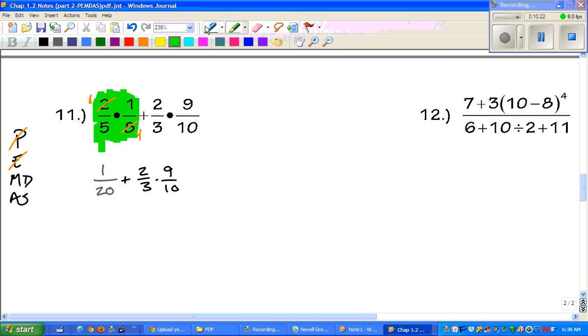Now, we are not done with multiplication yet. Let's start reducing the 2 and the 10. Change to 1 and 5. The 3 and the 9 change to 1 and 3. Multiply that straight across. 1 times 3 is 3, and 1 times 5 gives us 5.